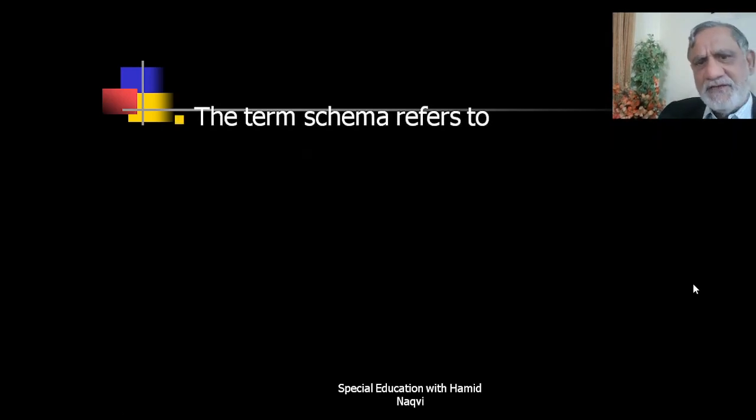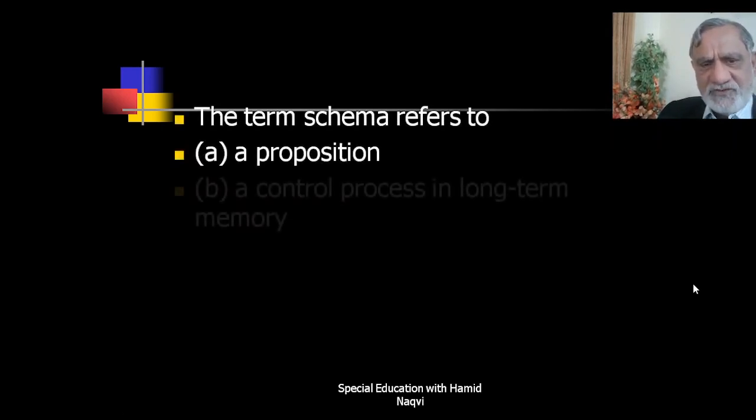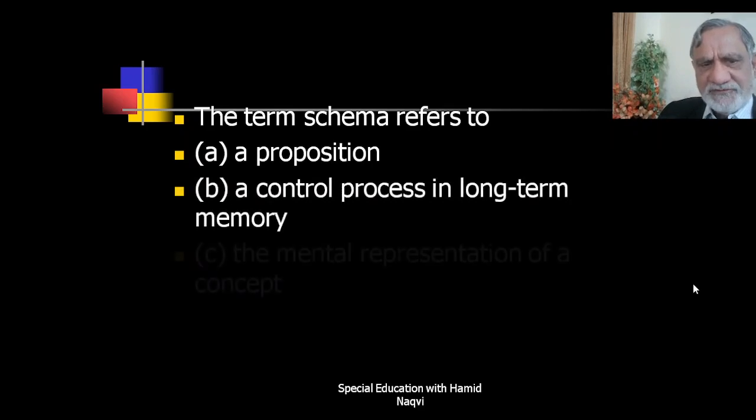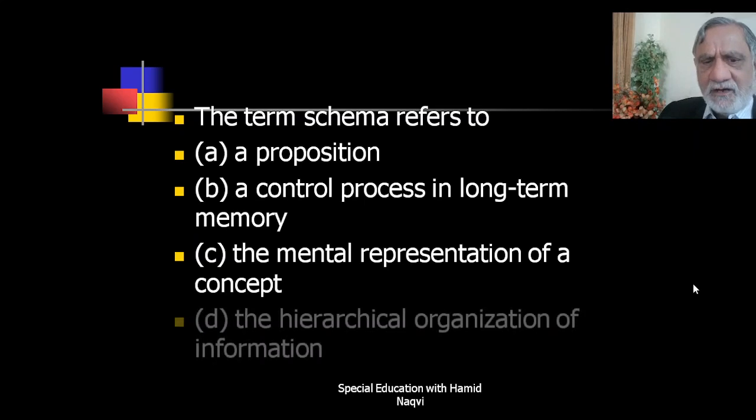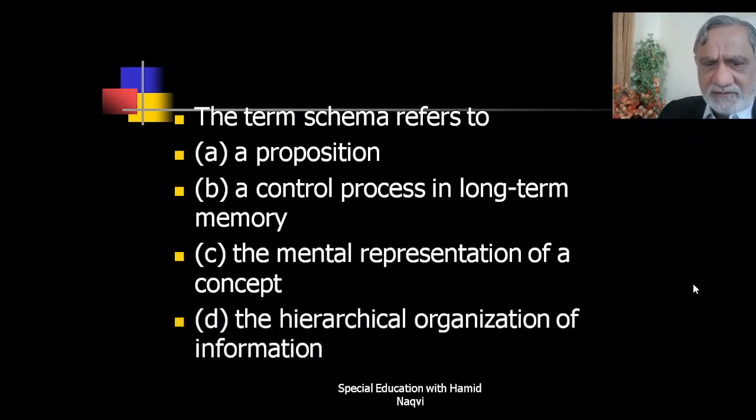The term schema refers to a proposition, a control process in long-term memory, the mental representation of a concept, or the hierarchical organization of information? The correct one is C, that is the mental representation of a concept.